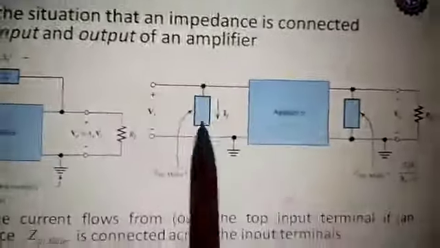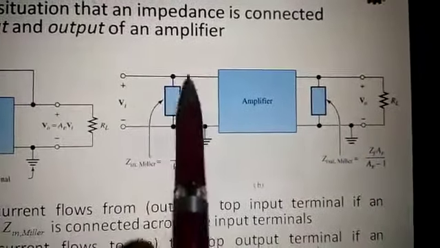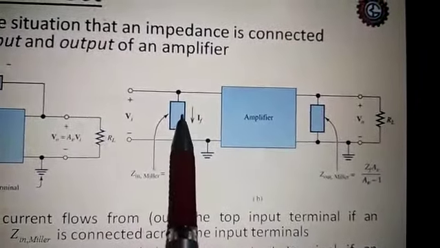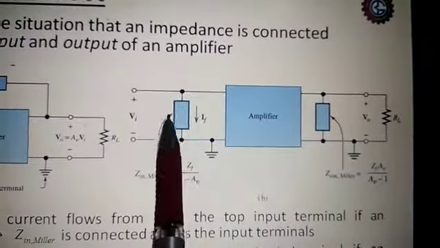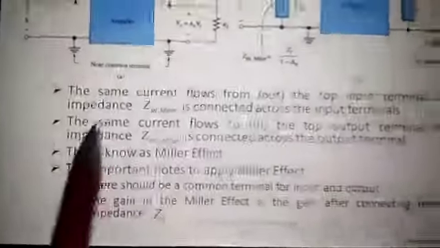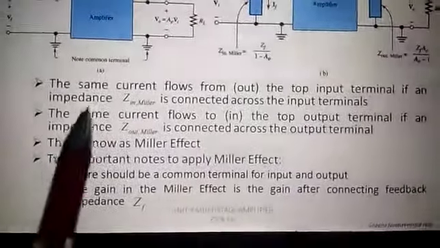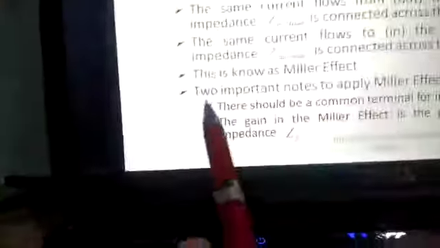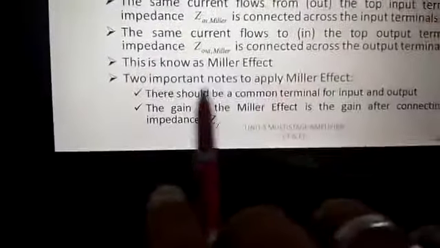There will be no effect when these impedances are connected, because the same current flows from output to input through this Miller resistance, and the same current flows from input to output. So there are no bad effects from applying Miller's theorem. Then this is called the Miller effect.